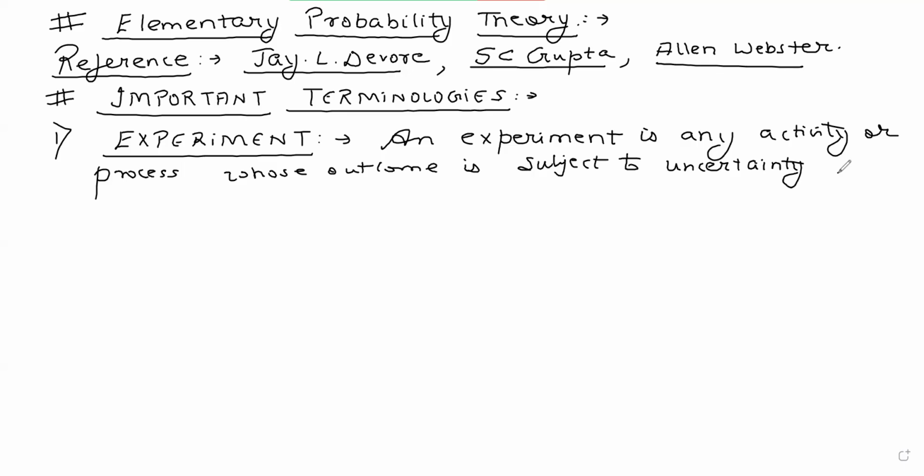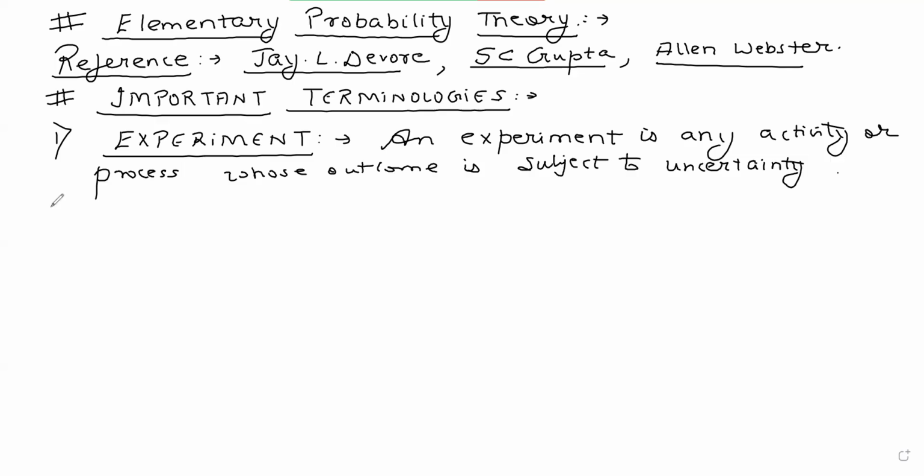The outcome is uncertain. You can list the outcomes of an experiment, but you can't say with surety which outcome will happen. That is why it's an experiment. When you are experimenting with an activity, you have in your mind the list of all possible outcomes which can occur, but you don't know with surety which outcome will occur.